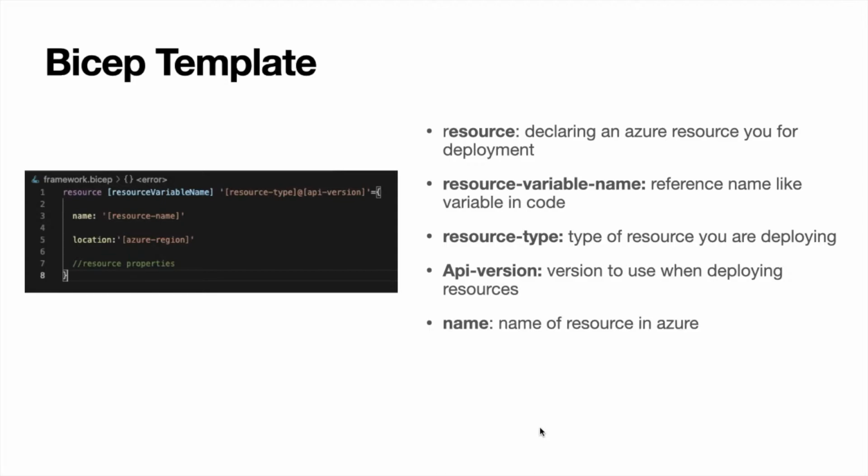The name is common, and it is a name that you're going to see when you log into Azure Portal. Some resources need location, so this is where we're going to specify the Azure region. And different resources or services have different properties, so the list of properties will come in here.